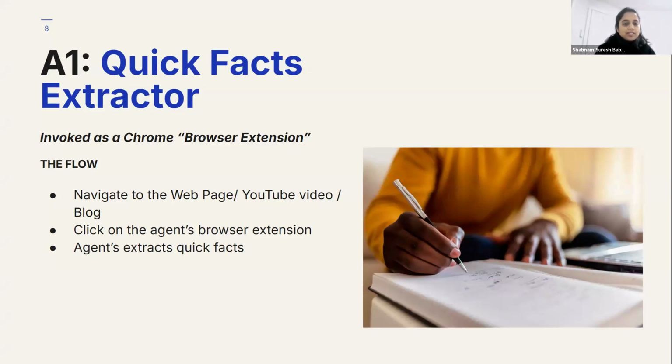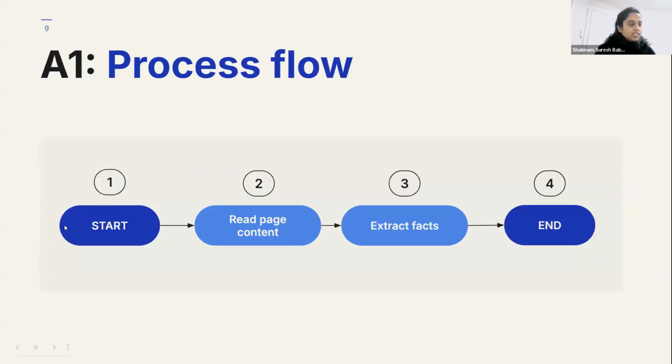This agent can be invoked by pushing a button on the browser extension. I will be opening up a web page, mainly a blog. And then when I click on this button, it actually extracts the quick facts. This is one of the simplest builds. So this is the process flow. We start with a start block.